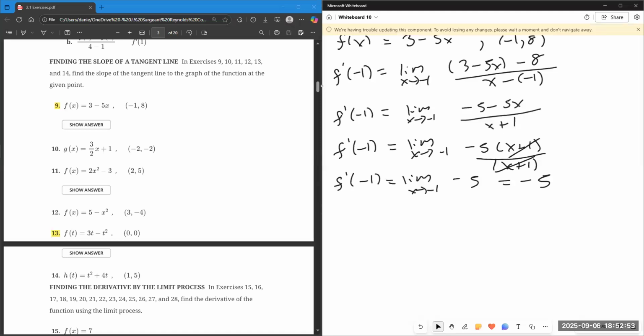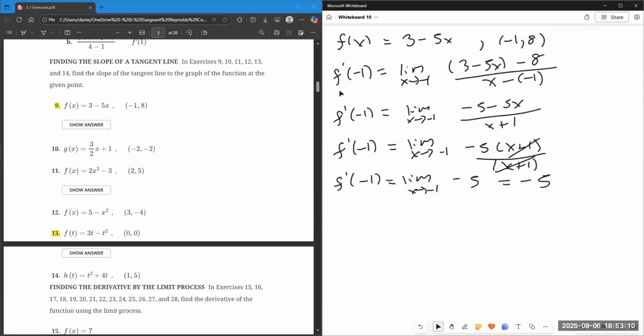That makes sense. It's linear. Its slope is the same everywhere. So just finding the slope of the tangent line, we don't need to find the tangent line itself.